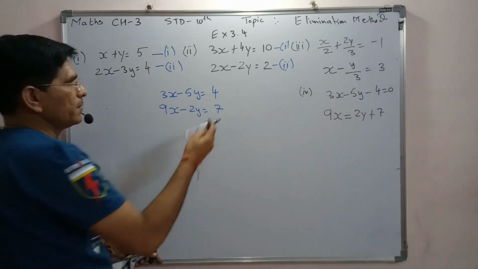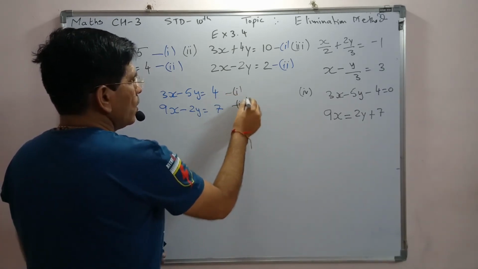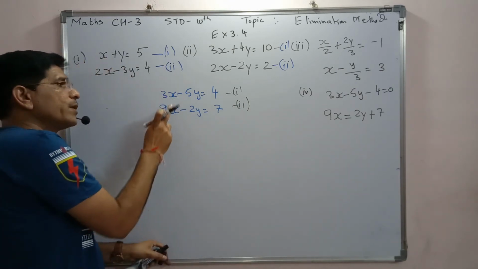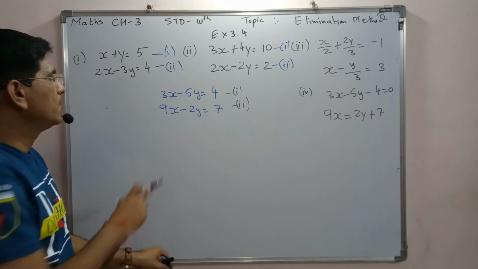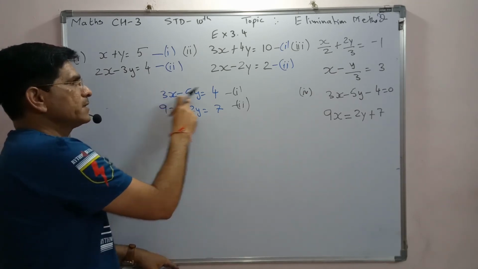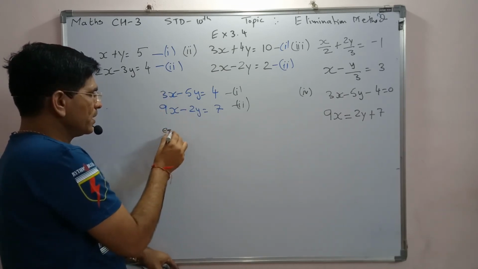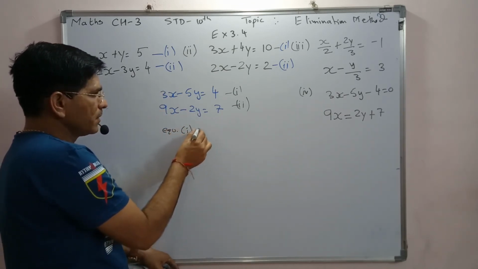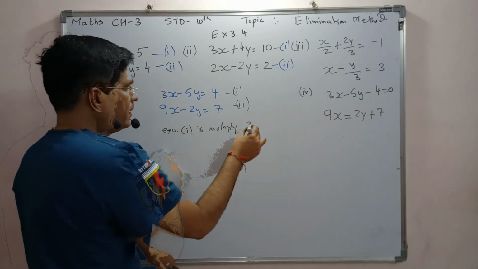Now equation number 1 and equation number 2. What do I have to do? Just equalize the coefficient of the variable which I want to remove. Here the coefficient of x is 3, so if I multiply this equation by 3, you get 9x. So equation number 1 is multiplied by 3.